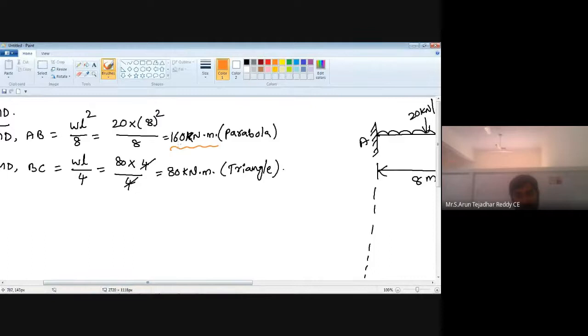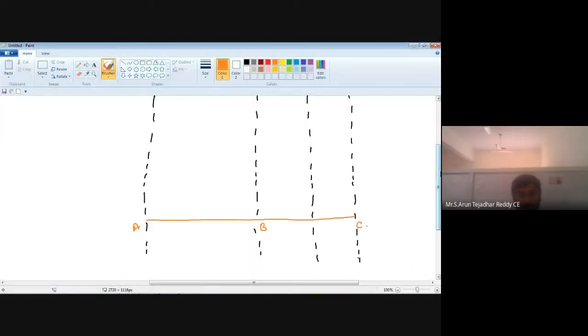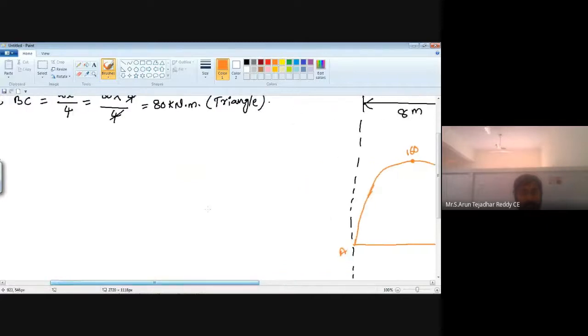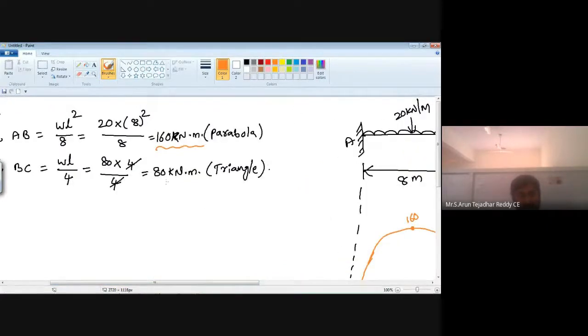Here the 160 kilonewton meter is parabolic shape, exactly at center of the span it is 160.